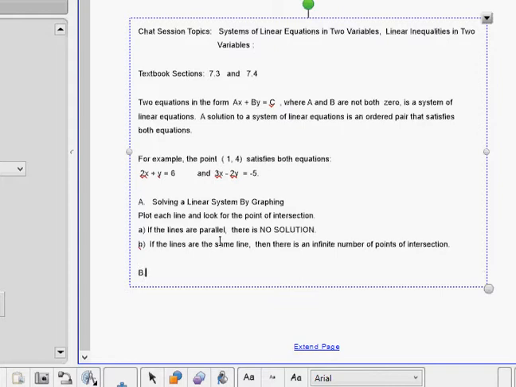Another method for solving a linear system is by substitution.